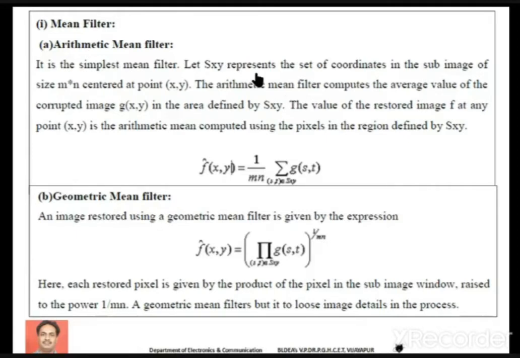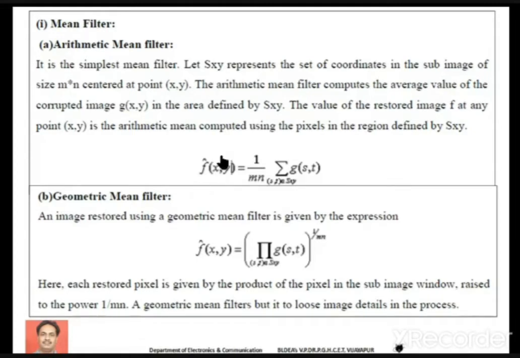With the help of an equation, it can be represented as f cap of x comma y. Remember, f cap of xy indicates the restored image. So f of xy is the original image.